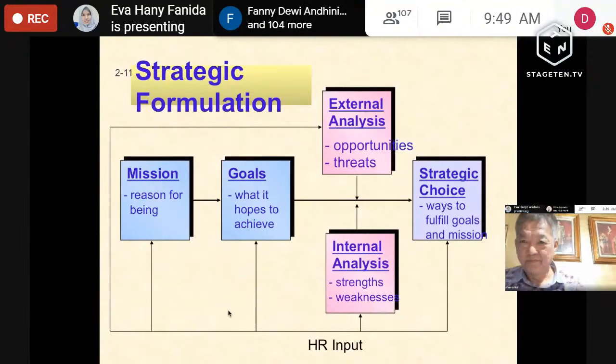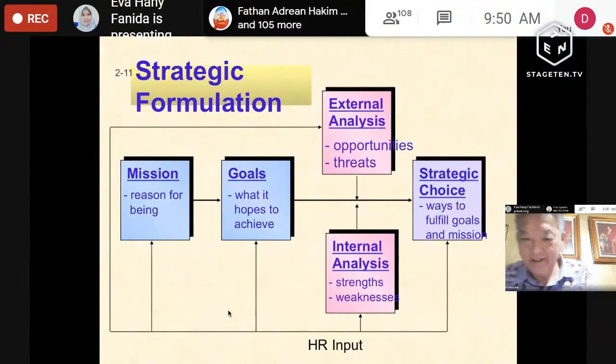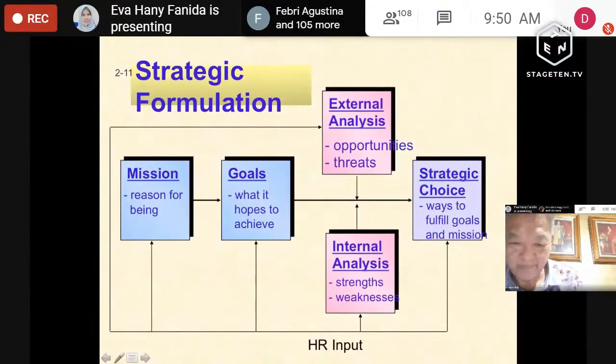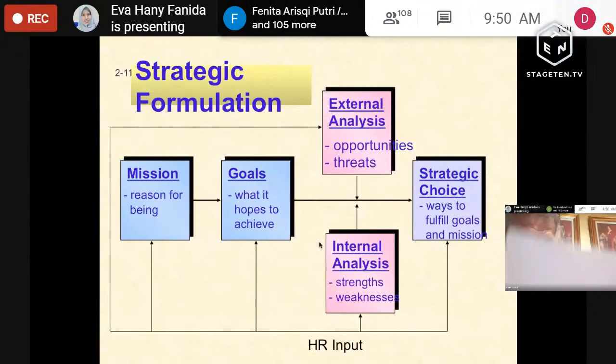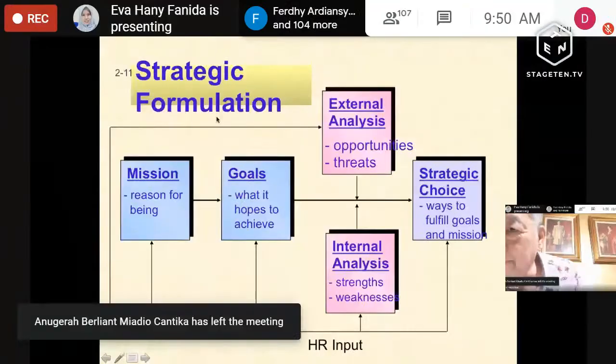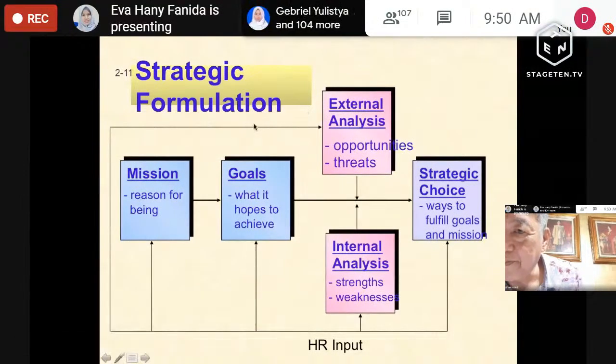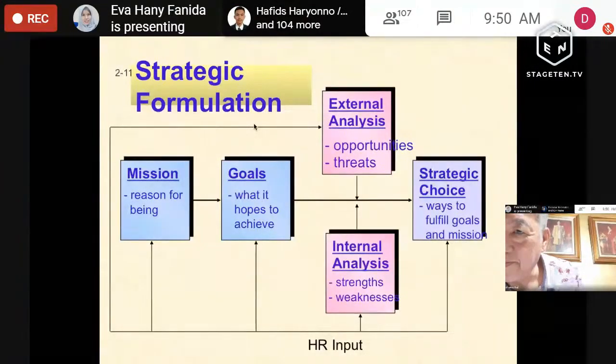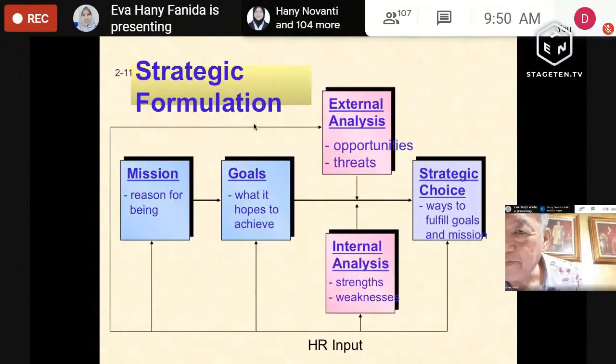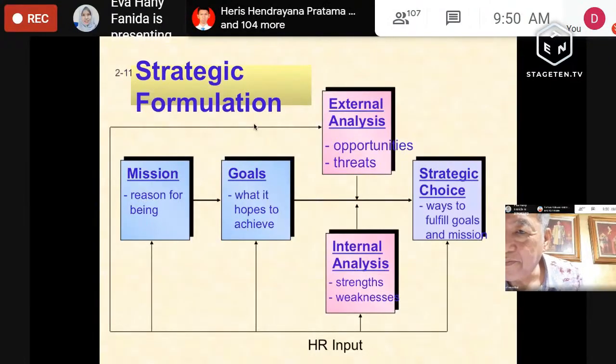Any question, student? One more question, maybe. Yes, there is one question about strategic formulation: how to evaluate strategy formulation that doesn't go smoothly or faces obstacles.